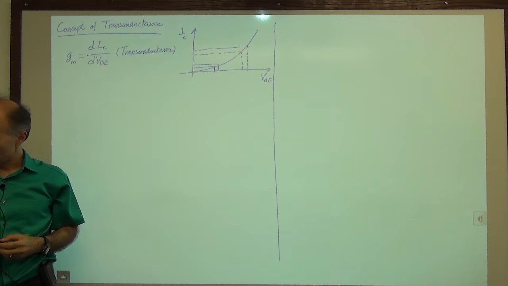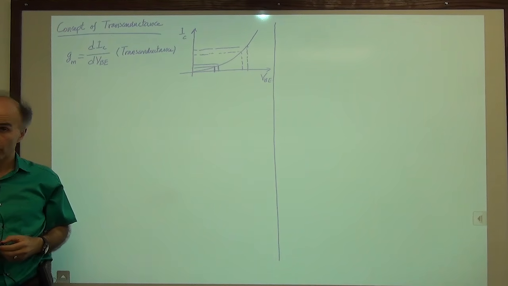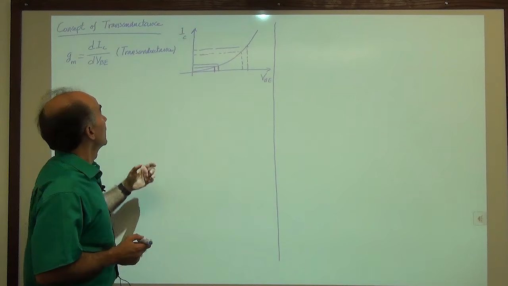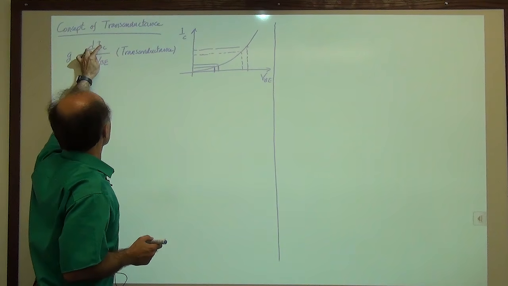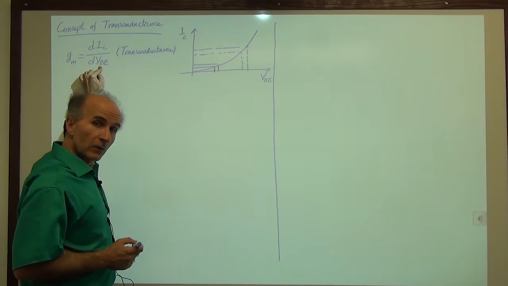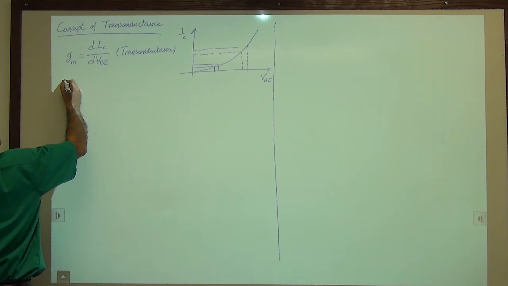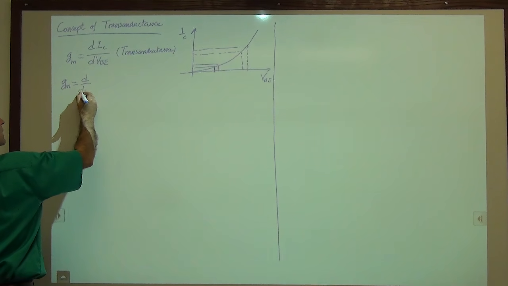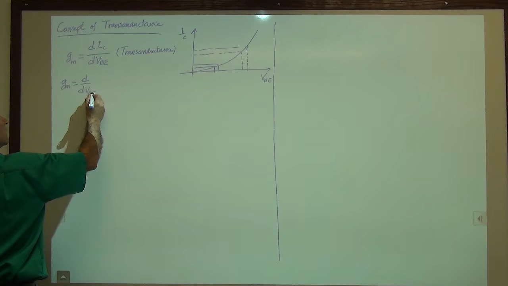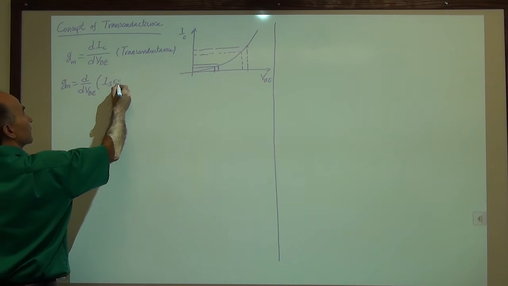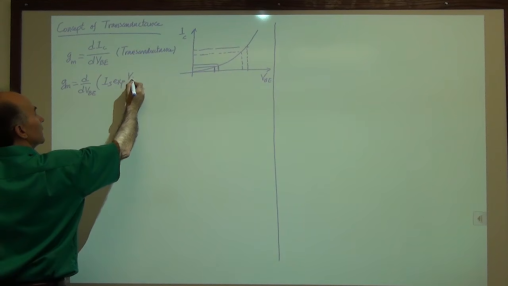Okay, very good. Now, can I find an expression for GM itself? Well, I know the dependence of IC upon VBE, so let's take the derivative. GM is equal to the derivative with respect to VBE of IS exponent VBE over VT.